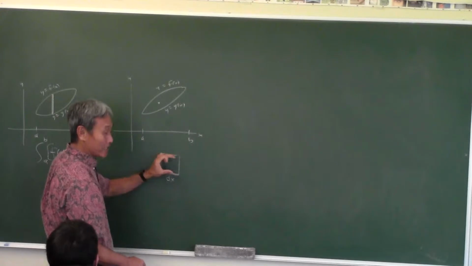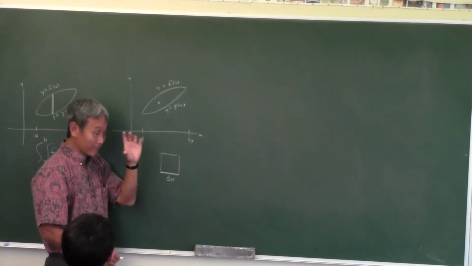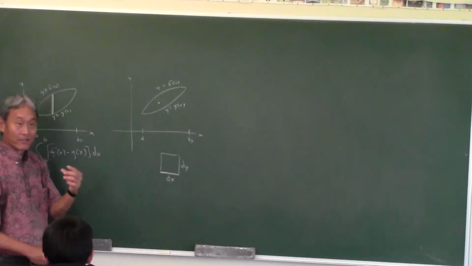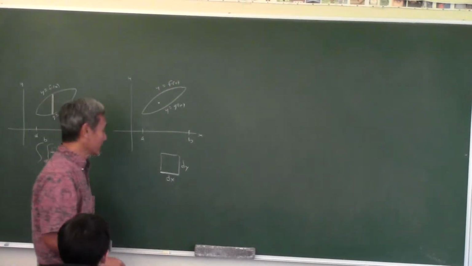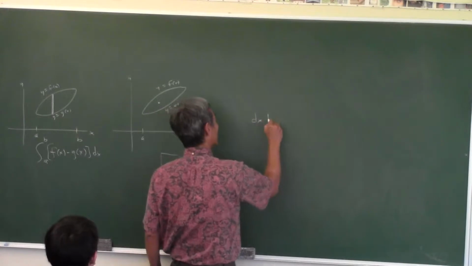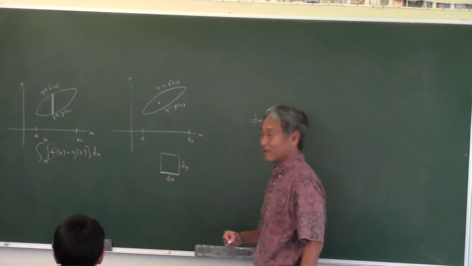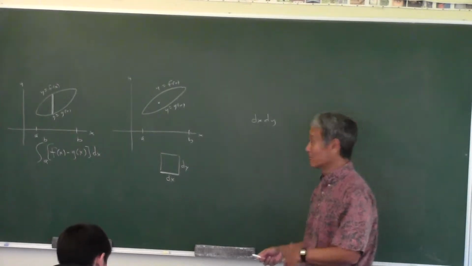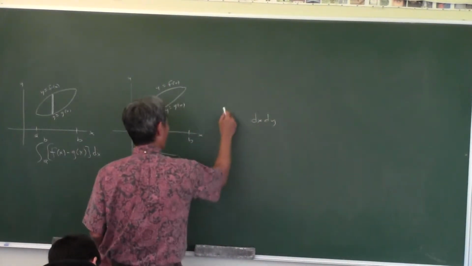And then here's a change in y, delta y, but infinitesimally small: dy. So therefore, what's the area of this infinitesimally small square? dx times dy. Everybody got that? But since now you got 2 variables, you have to do 2 integrals to actually compute it. So I'm going to add it up.